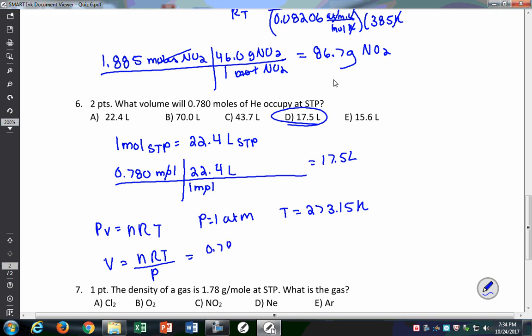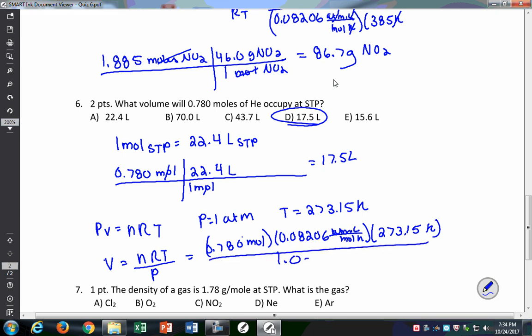And that will also give you 17.5. They're both correct ways to work it. So as long as you know that standard temperature pressure is pressure 1 atm and temperature 273.15 Kelvin, you can figure this out. So you don't necessarily need this relationship, but that's a little bit easier of writing. They both work. Check both ways.